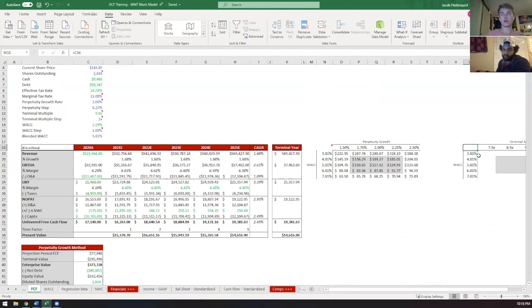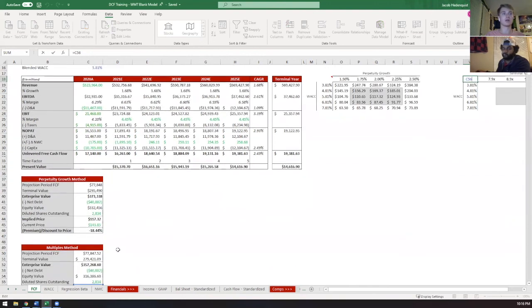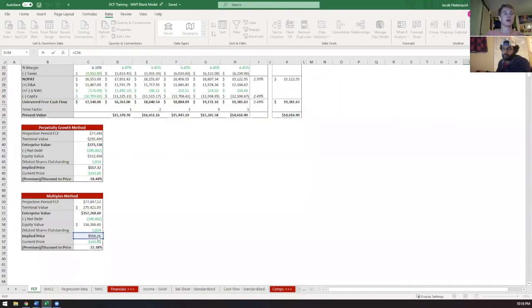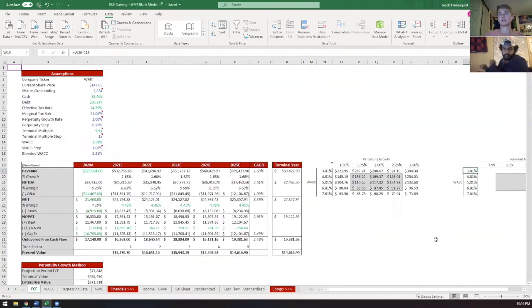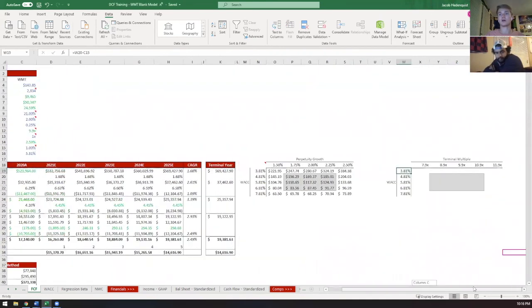And just making sure, in order to see what this cell is linked to, I can hit F2. It opens the cell up, and I come down here and I see the blue highlight right there. That gives me confirmation that this is the right cell, that it links to that multiples method implied price.